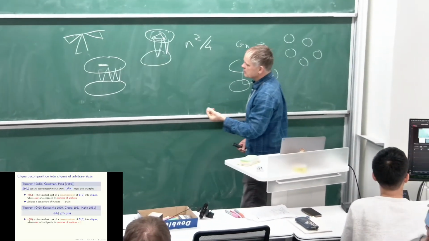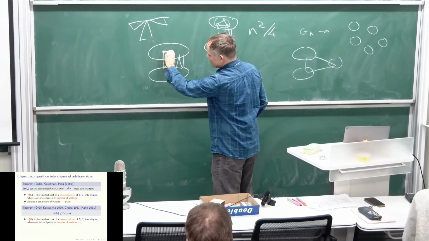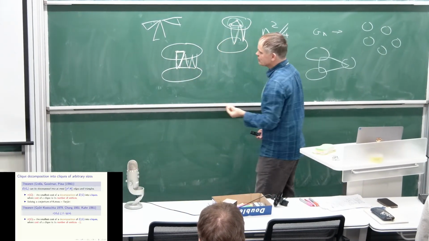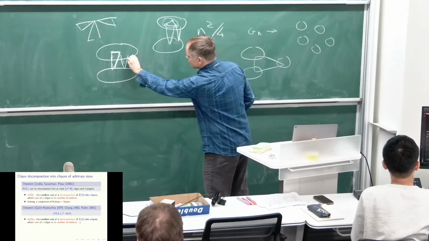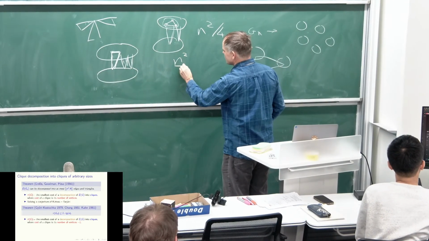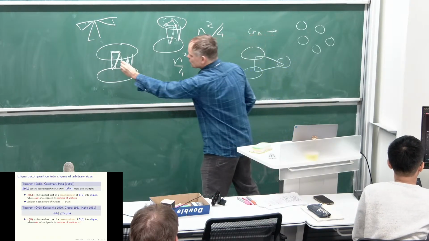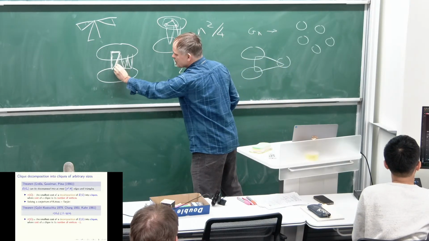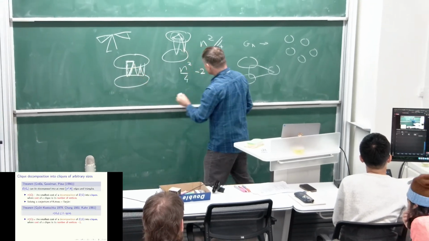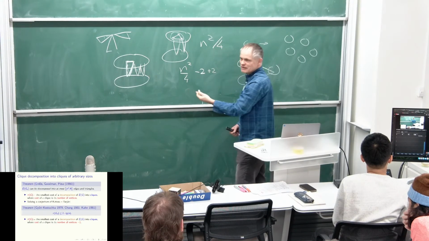Then I use a triangle to cover the edge, and for the rest I use edges. If I compare to n²/4, then I save 2, because with the triangle I cover this 2, but the weight of the triangle is also 2, so it's extremal as well.